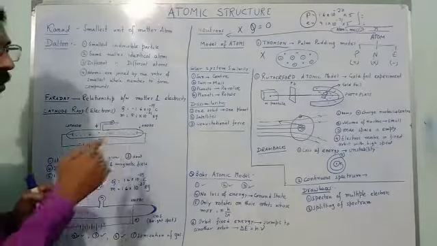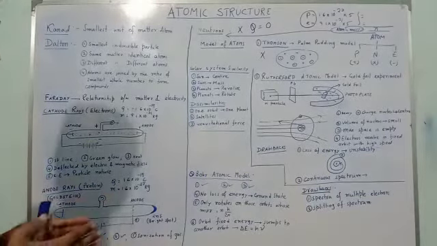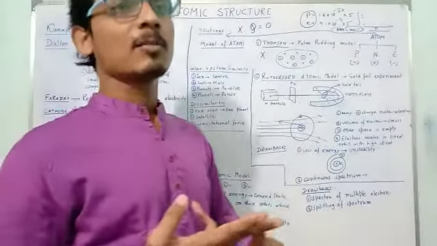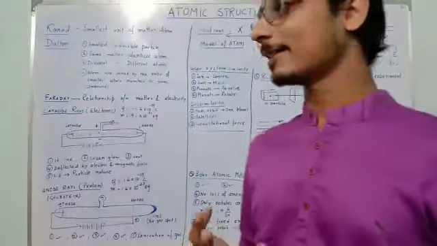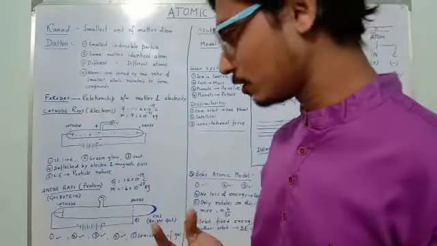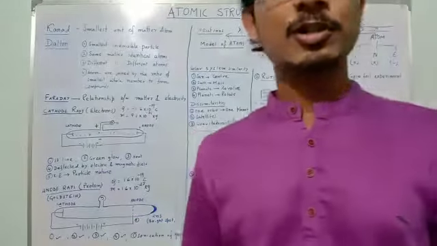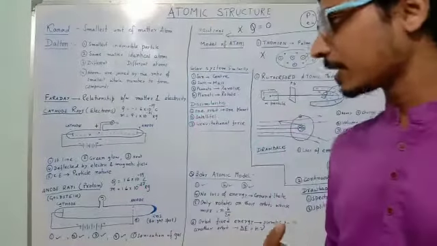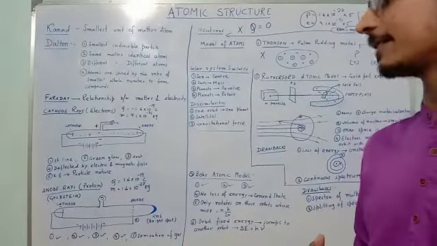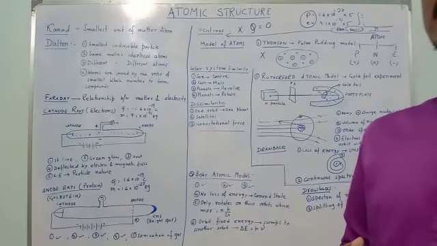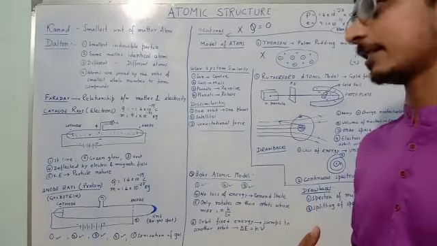Number one, they always move in a straight line. Number two, they produce a green colored light inside the glass tube. Number three, they produce a certain amount of heat. Number four, very important, they are deflected by electric and magnetic fields.